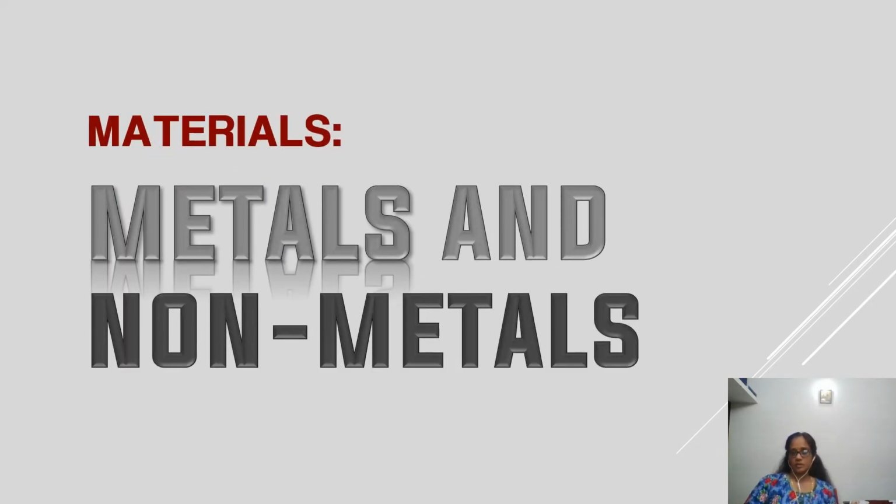So our chapter is Materials, Metals and Non-Metals. In this chapter we learned the physical properties of metals and non-metals that we already discussed. Next we started the chemical properties of metals and non-metals, and we studied the chemical properties with oxygen and water.